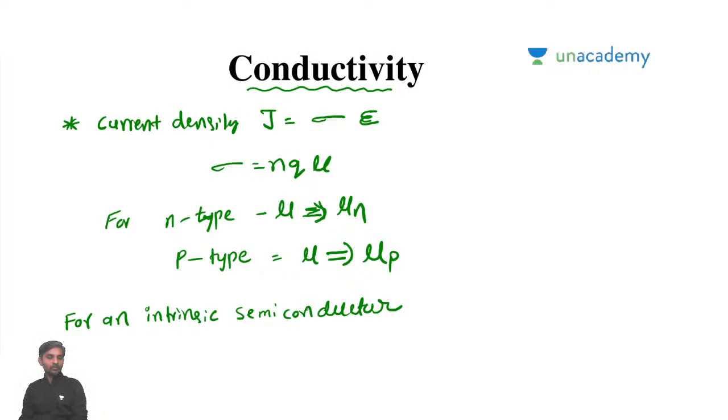So as both electrons and holes exist, we write sigma is equal to N Q mu n plus P Q mu p.